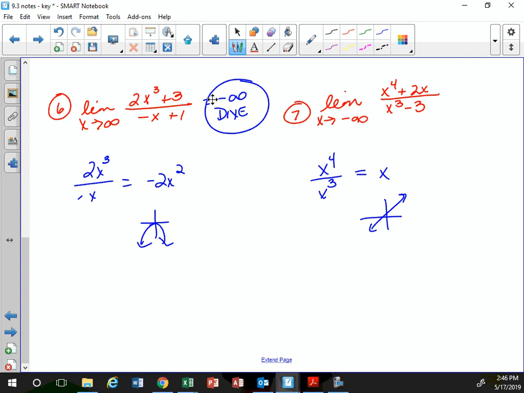All right, guys, that's x versus negative infinity. Where's it going? Positive infinity or negative infinity? Which one? X is approaching negative infinity. I am going this way. Where's the graph going? And apparently I need to be careful with my D and E.